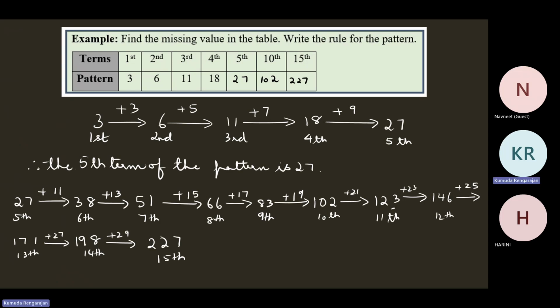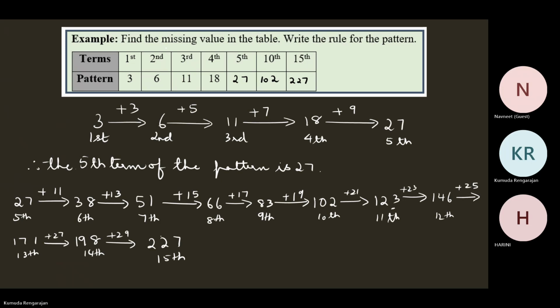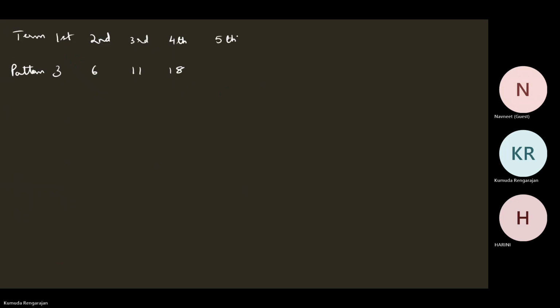3, 6, 11, 18. All right. Now, what is the rule?